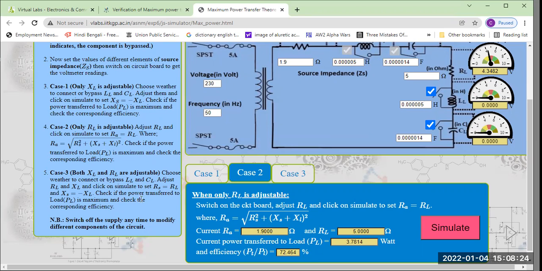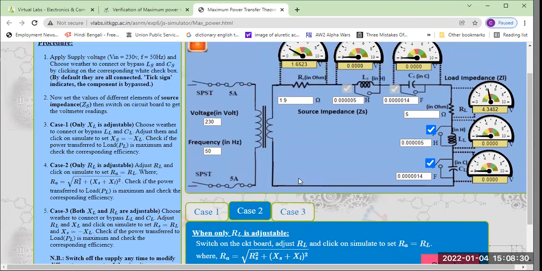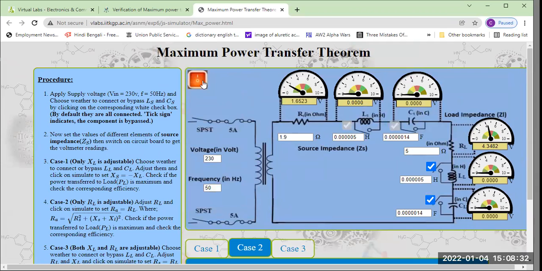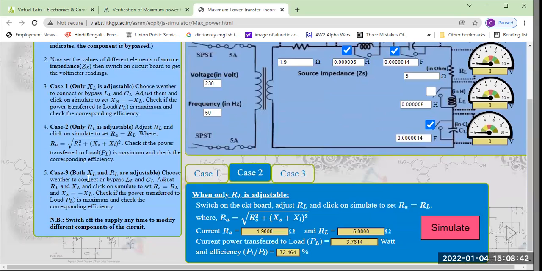Check if the power transferred to the load PL is maximum and check the corresponding efficiency. Look, here both XL and RL are adjustable. Choose whether to connect or bypass LL and CL.